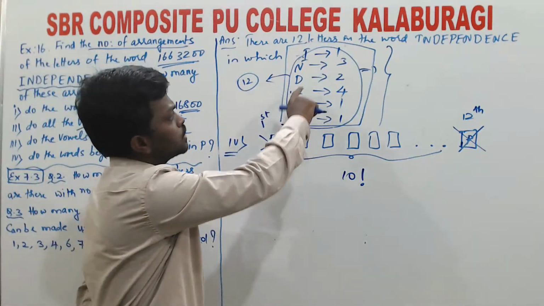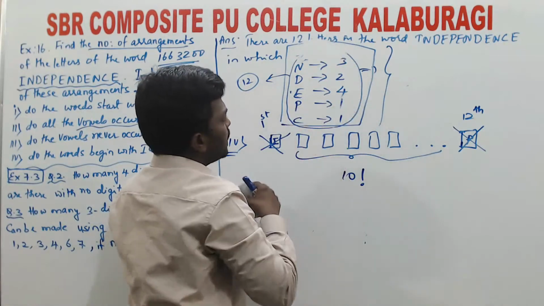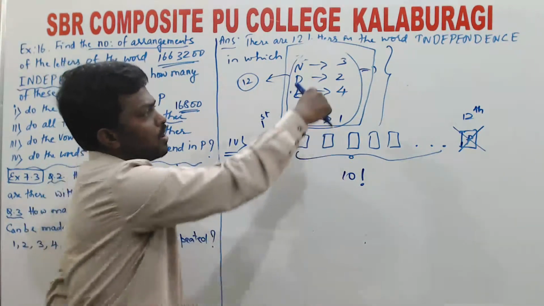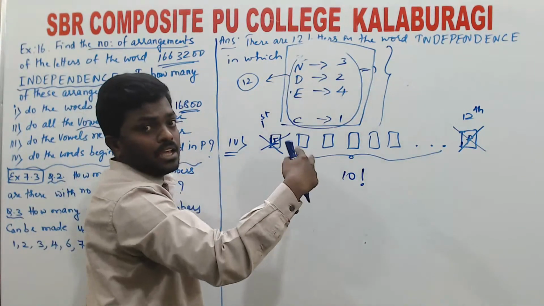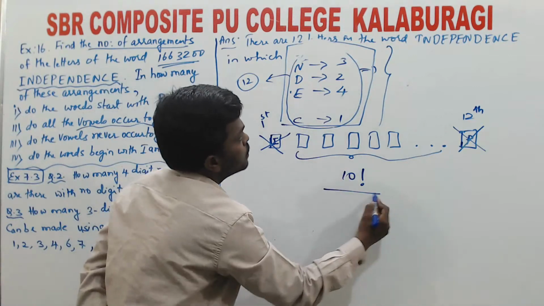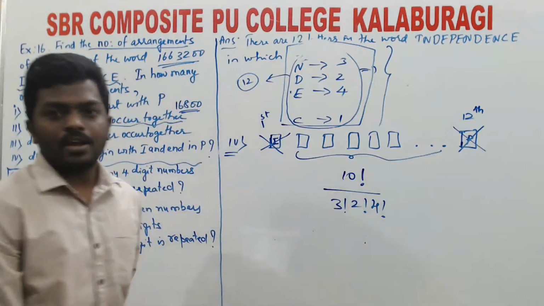But see, I is gone here, and P is in the last place. Among the remaining, are there any occurring more than once? N, D, and E. So it's 3 factorial, 2 factorial, and 4 factorial.